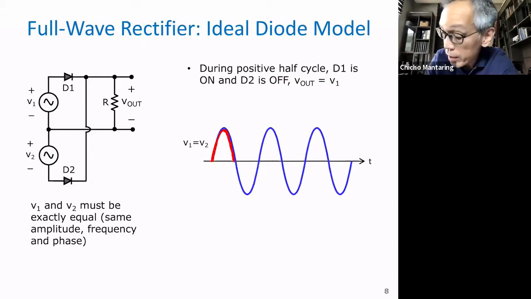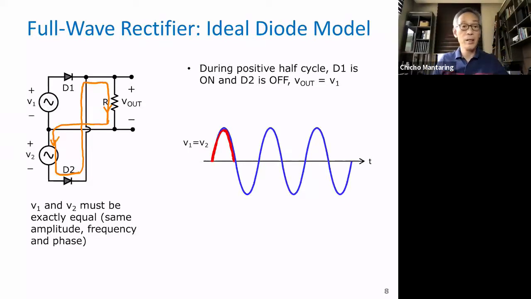Again, current will flow this way, go up this way, go down this way, and come back down this way. That's what will happen during the negative half cycle.